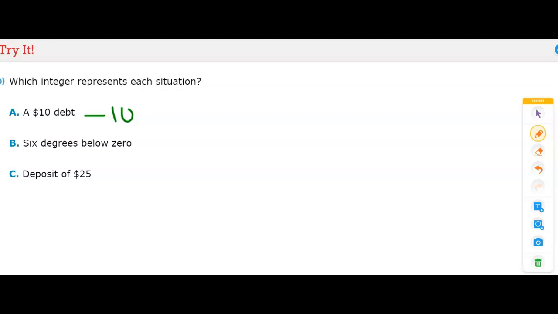As we saw in the example with the thermometer, you have negative for cold and below 0. So that's -6. And then we have C, deposit of 25. When you deposit, you're adding to what you have. So that would be a positive 25.